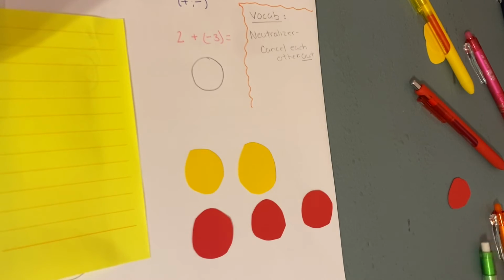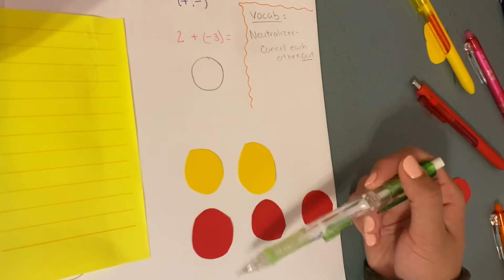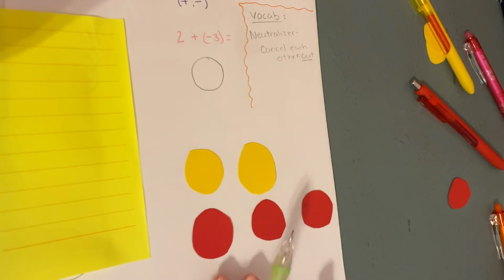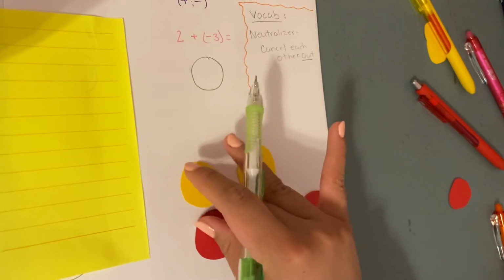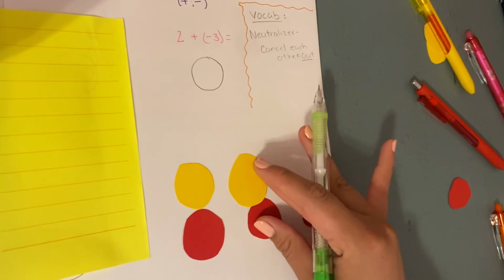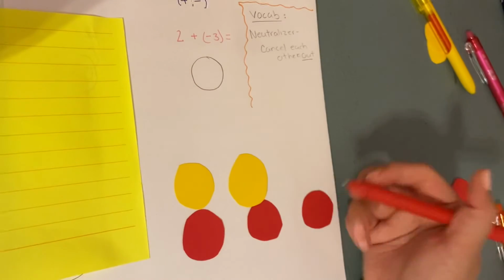And if you remember, I said in the previous problem that our neutralizers cancel out. So since we have 1 set here, that's going to be a neutralized set, so it's going to cancel out, and this is going to be a neutralized set, so it's going to cancel out. So we're going to be left with 1 negative.